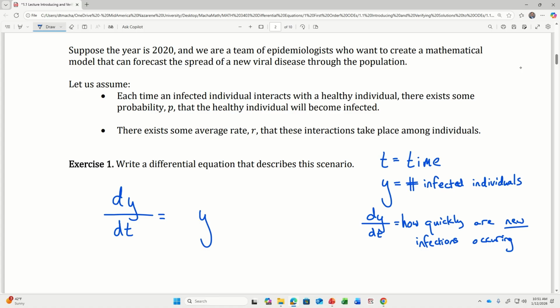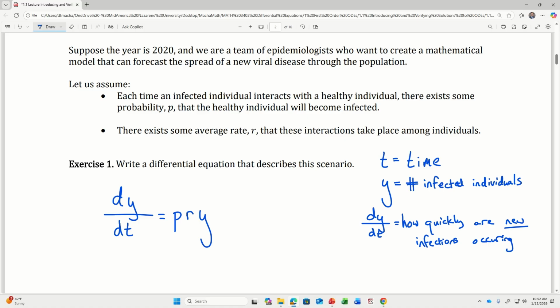It's also going to be proportional to the rate at which they are interacting with each other. And it's also going to be proportional to whatever the probability is that the virus gets spread during one of these interactions. So for every person walking around infected, they are going to interact with r people every day, and every interaction is going to have a probability p of spreading the disease.